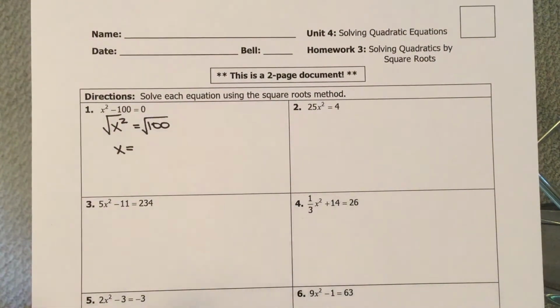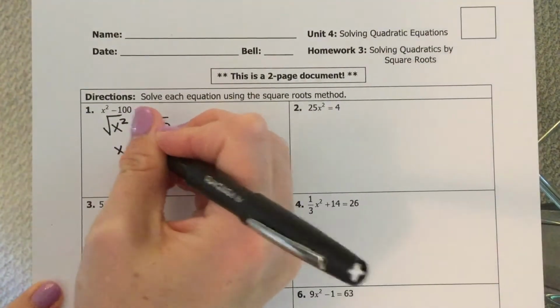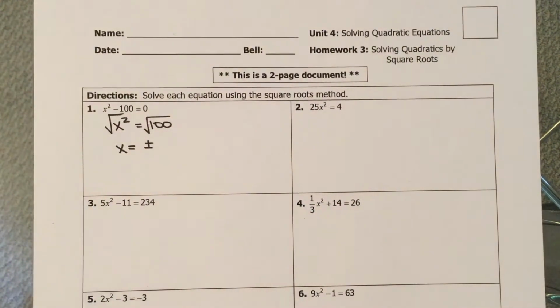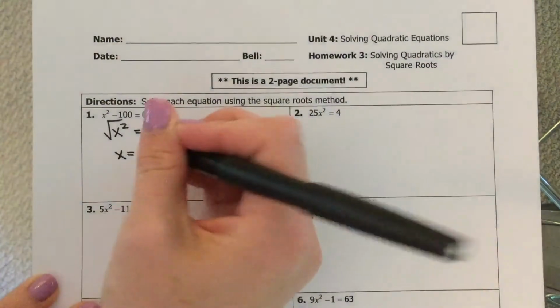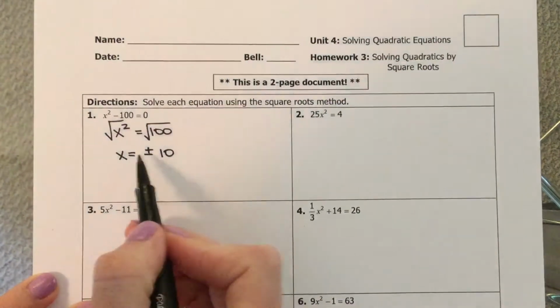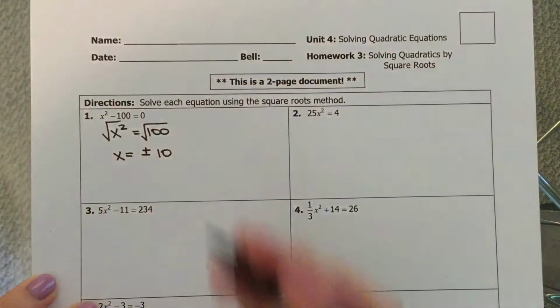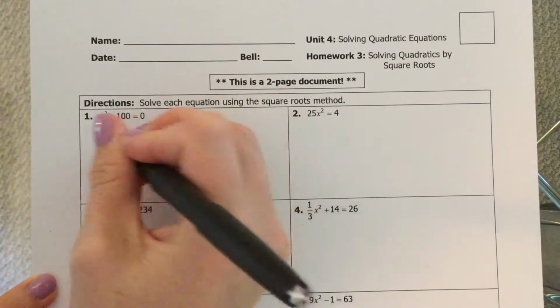The only time it's not necessary is if you end up with a 0, because there's no such thing as positive 0 versus negative 0, but for any other number, you would need the plus or minus. This one happens to come out evenly. 100 is one of the perfect squares we listed in the notes. So the square root of 100 is 10, and again, make sure your answer for all of these problems always contains the plus or minus.